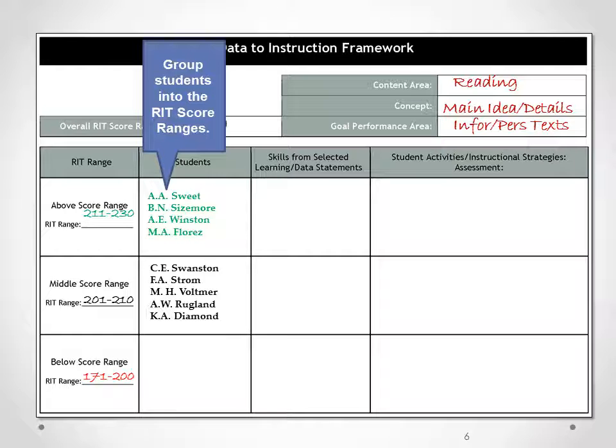Students who were in the lower range, 171 to 200, are Walton, Tressler, Garcia, Grimson, Martinez, and Vasquez. So our groups are 4, 5, and then 6 that are in the lowest rank.